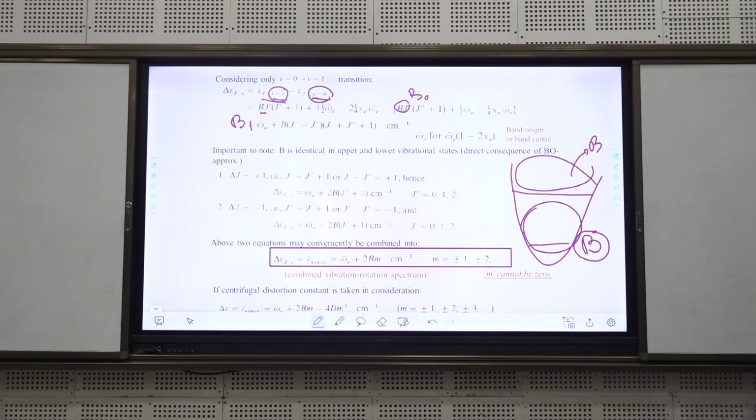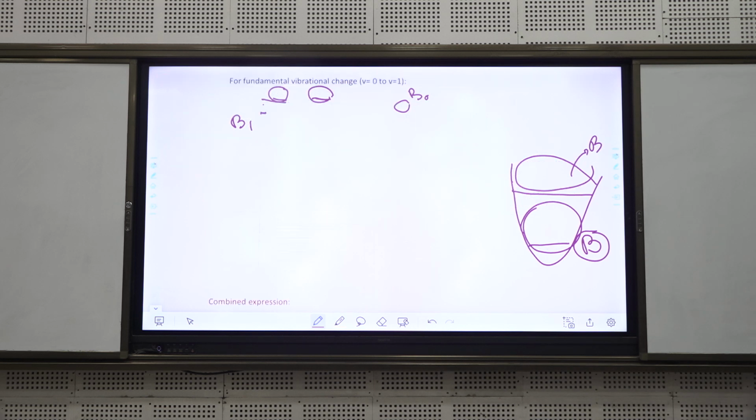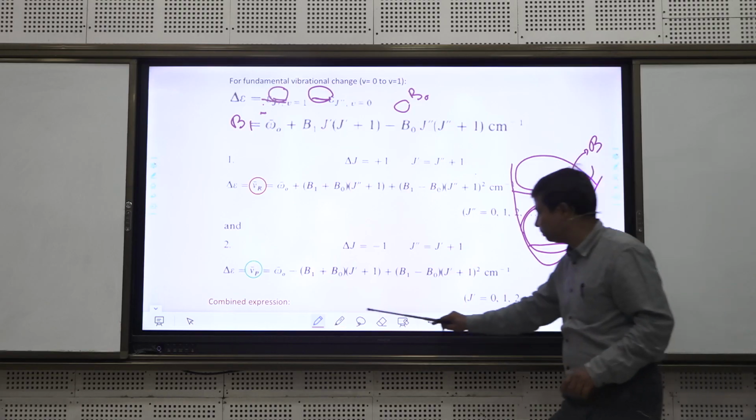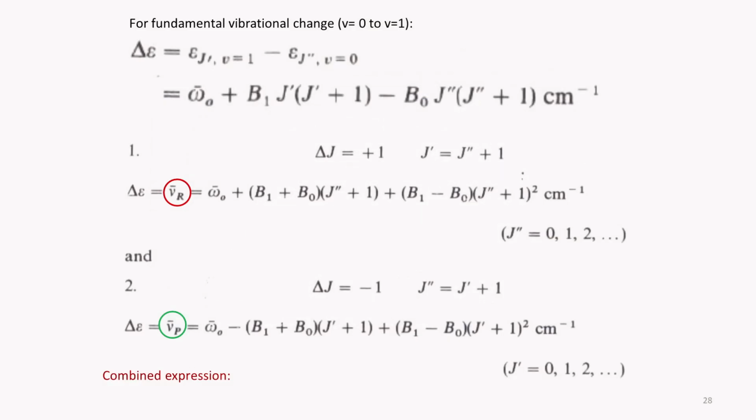Then it is B1 for V equal to 1 minus B0 for V equal to 0. That's all, nothing else.